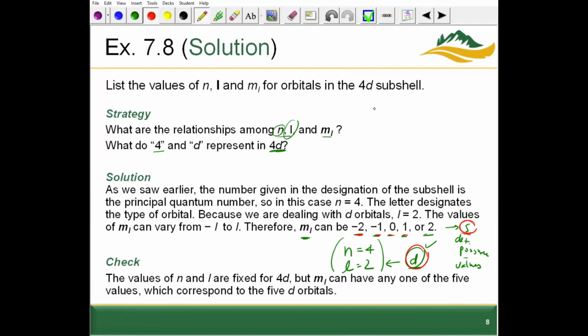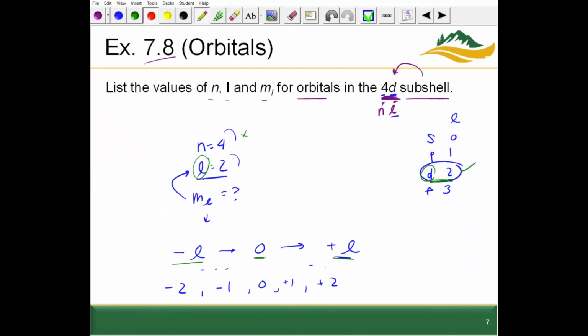What about for the other types of orbitals? So for L equal to 0, that's an S-shaped orbital. The possible m sub L value for an S-shaped orbital, L equal to 0, is just 0. That makes sense because there's only one shape for an S-shaped orbital, it's one sphere.